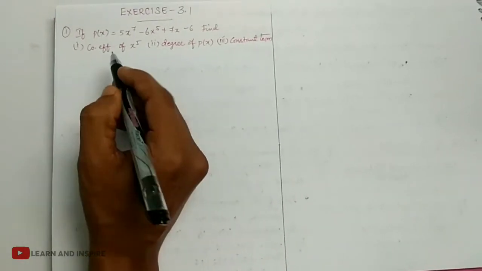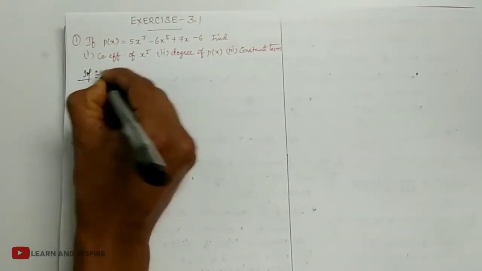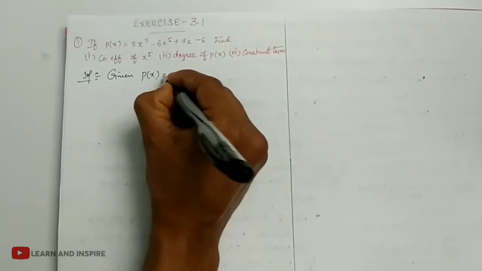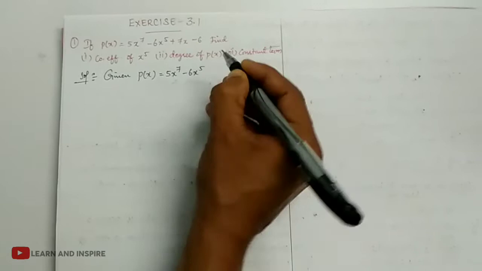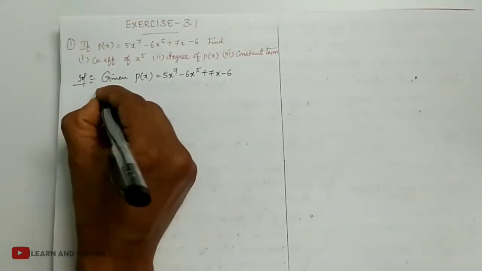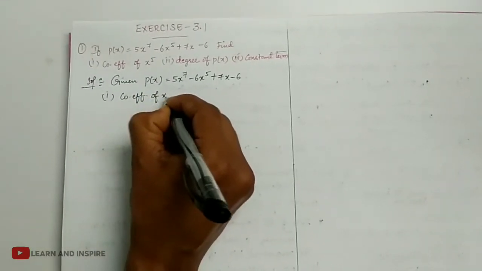So what is the first one given? Coefficient of x power 5. Before that, I write the polynomial p of x. Given p of x is equal to 5x power 7 minus 6x power 5 plus 7x minus 6. So we have to write the coefficient of x power 5.